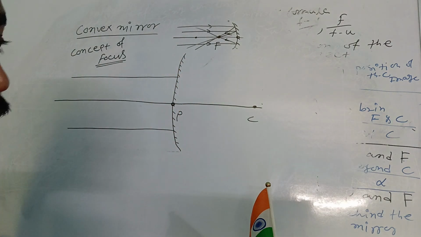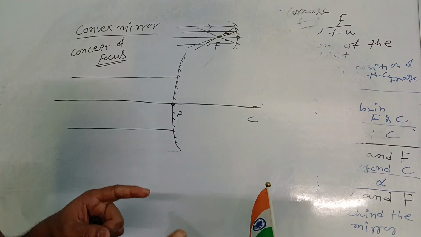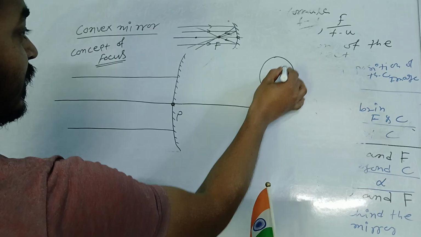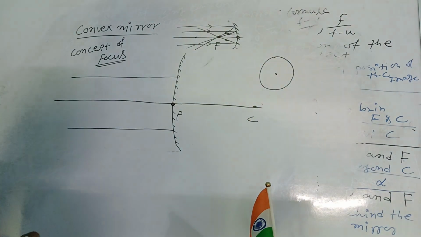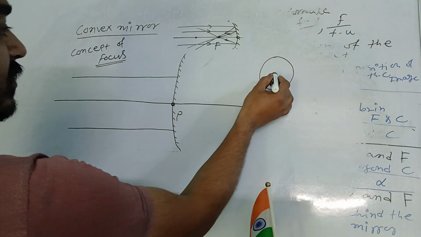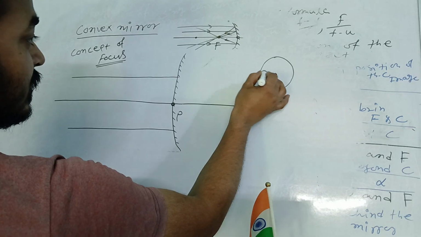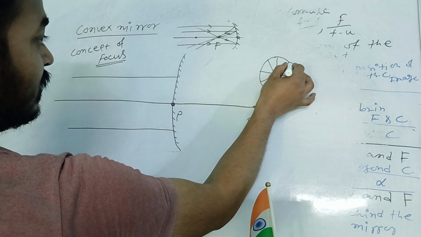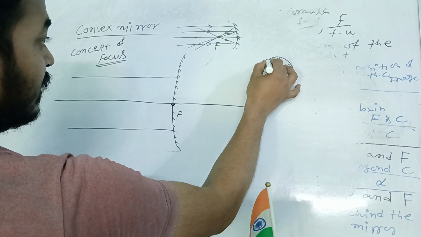If I draw the normal, then it will pass through the center of curvature, because suppose this is the sphere and this is the center. So if I draw the normal, meaning the radius, then all the radii are perpendicular to the surface. 90 degree, 90 degree, 90 degree.